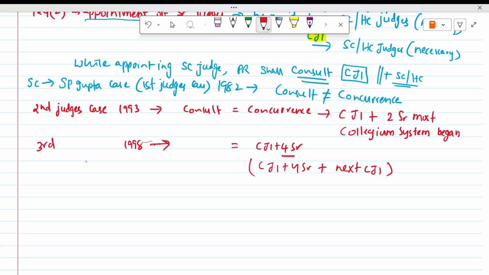Then the government or Parliament, you can say, amended the Constitution, and the 99th Constitutional Amendment Act has come.